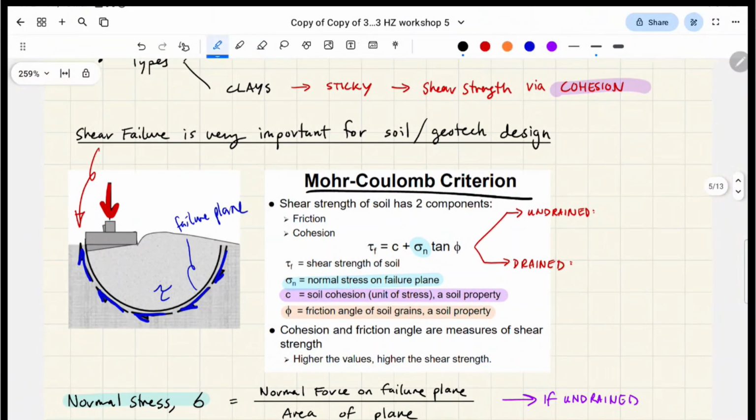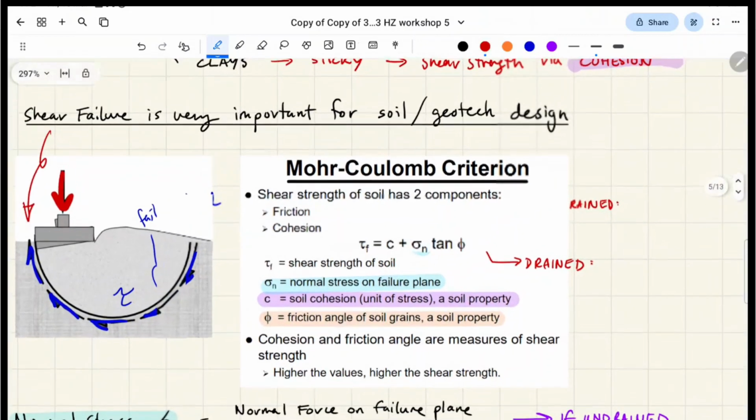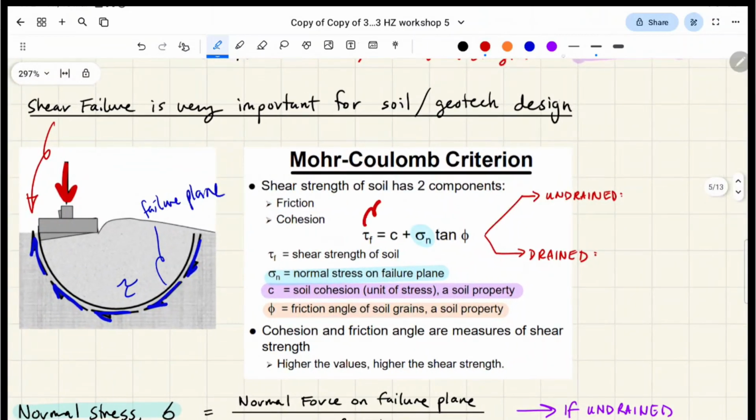So the Mohr-Coulomb criterion is basically the formula we're going to follow for a lot of the questions today. Tau f, sometimes also simply called tau, denotes the strength of our soil, which is that thing in blue there.